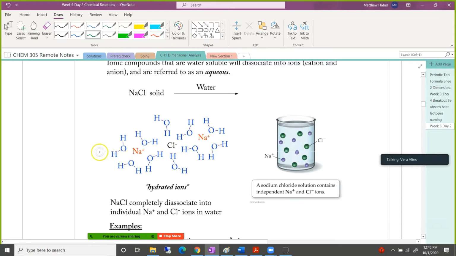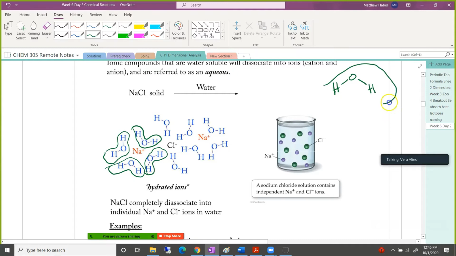Okay, so these are your water molecules. Water molecules look like this. We will talk about this later, but if you look at the charge profile of a water molecule, there are areas where the electrons conglomerate, and that's usually around oxygen. The electrons in hydrogen basically go towards oxygen, so it's heavier on that side.